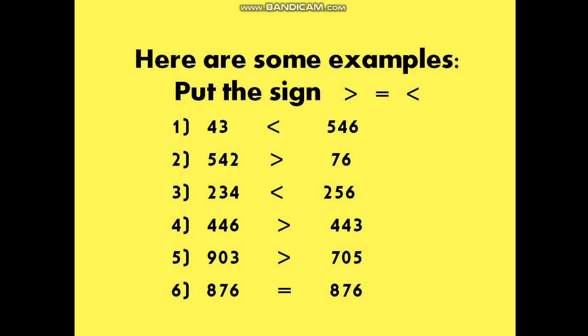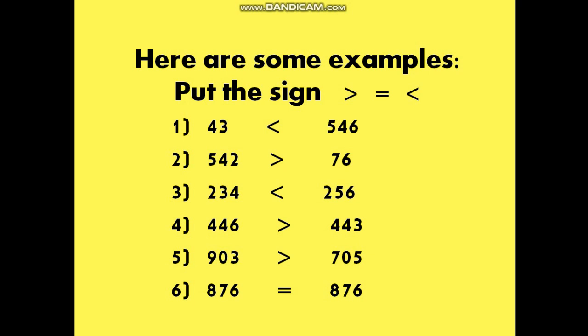Let's do some examples and put the sign. The number is 43. It's a 2-digit number. This number is 546. This is a 3-digit number. So what are we going to do? The crocodile is going to eat the 3-digit number, not the 2-digit number.